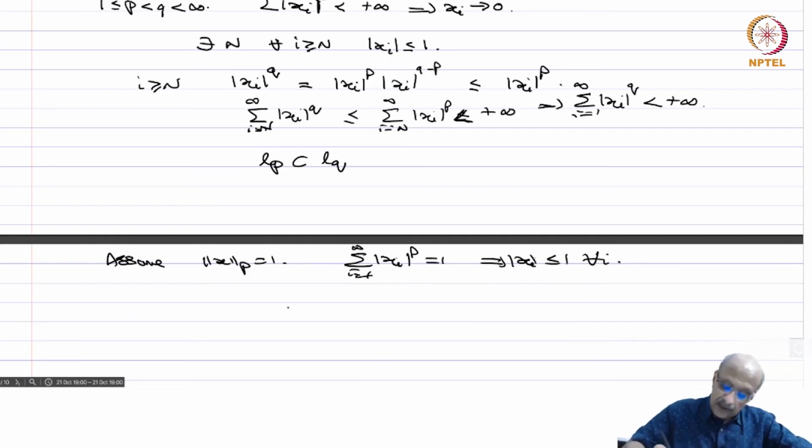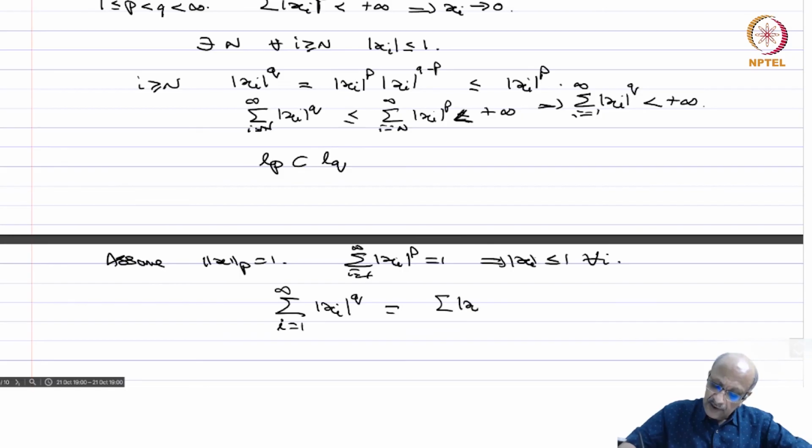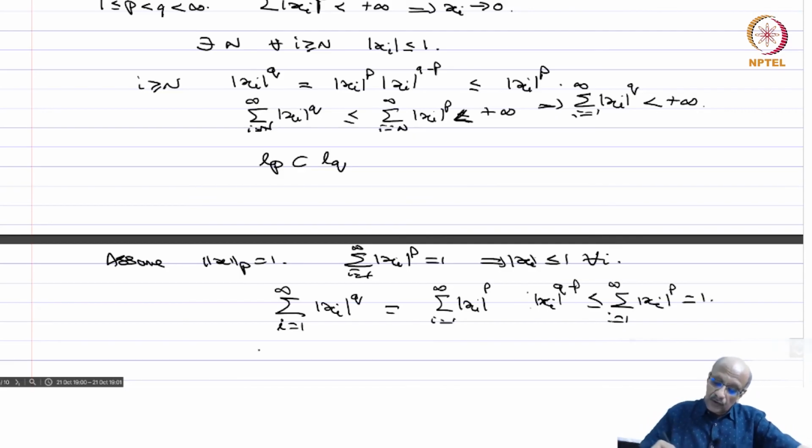So sigma mod xi to the q is equal to sigma mod xi to the p into mod xi to the q minus p. This factor is less than or equal to 1, so this is less than or equal to sigma i equals 1 to infinity mod xi power p, and that's equal to 1. So this is true.